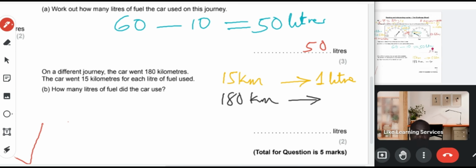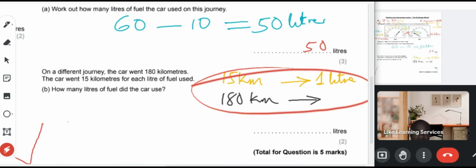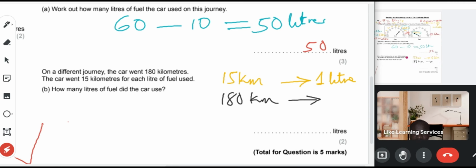Yeah, solve this. You are dividing what by what? 15 by 180? Or do you mean 180 divided by 15? Because 180 is bigger.